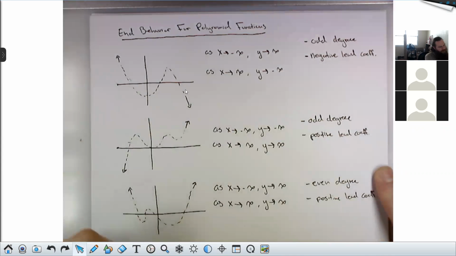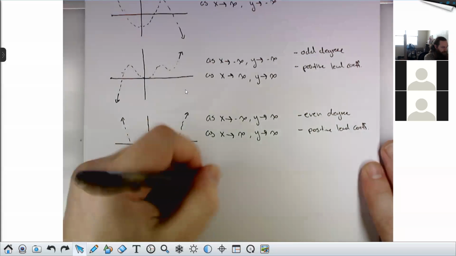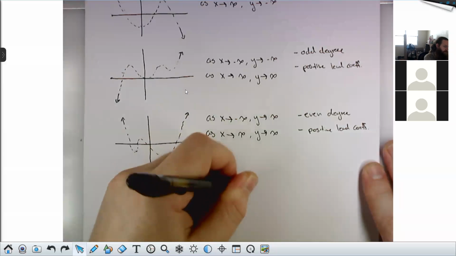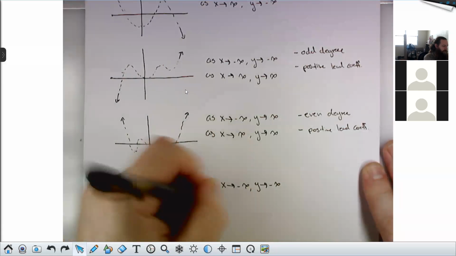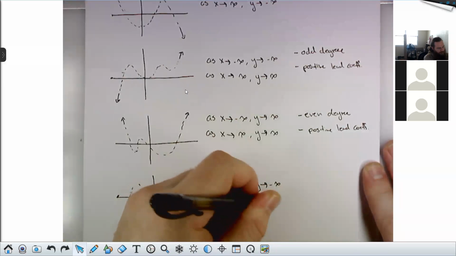And then finally, you can go down on both sides. And this will happen as x goes to negative infinity, y goes to negative infinity, and as x goes to positive infinity, y goes to negative infinity.